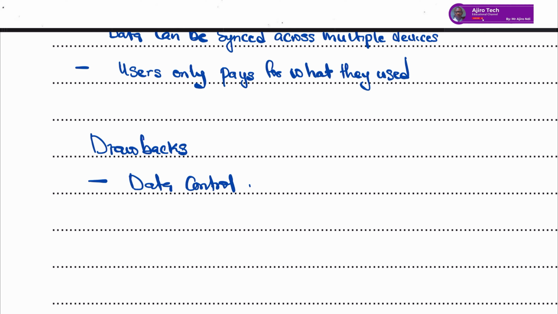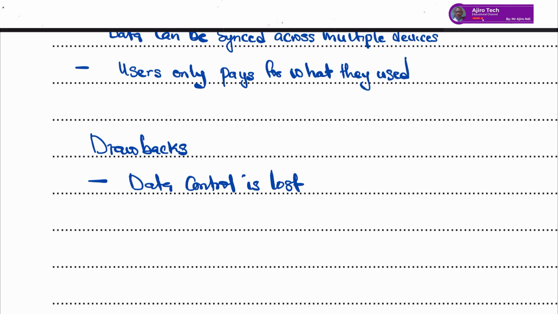So here we can see that when we look at the drawback, it is a security aspect of storing data because you don't have control. The way cloud storage works is that our data is stored in a remote server, and there are thousands of remote servers distributed in different locations.